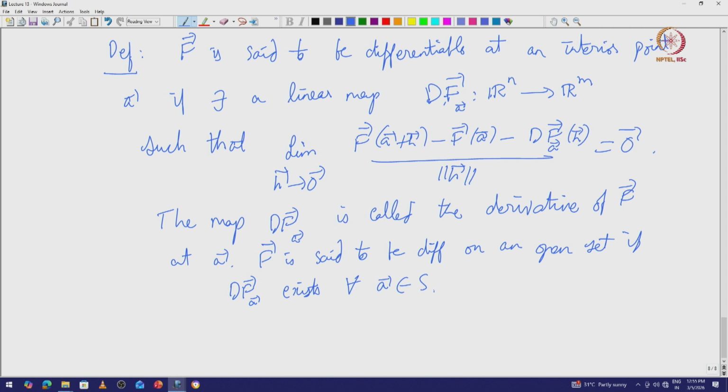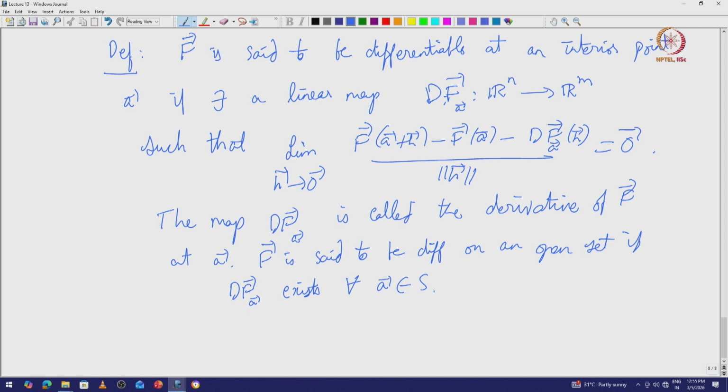So once again, let me make one small remark here. We are defining differentiability on open sets, right? But in one variable calculus, you can talk about the differentiability of a function on a closed interval by declaring it to be differentiable from the left on the right endpoint and from the right on the left endpoint, right?